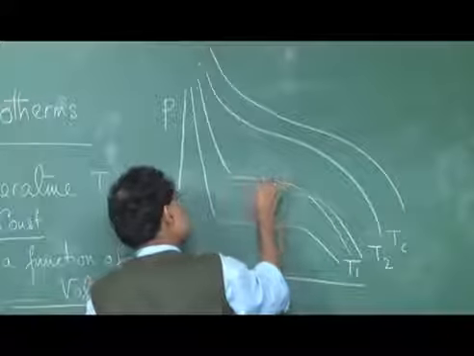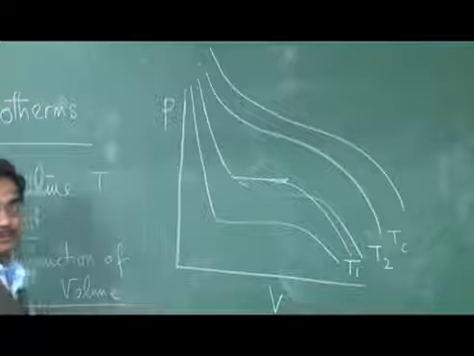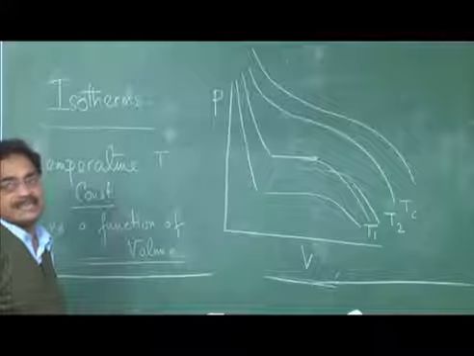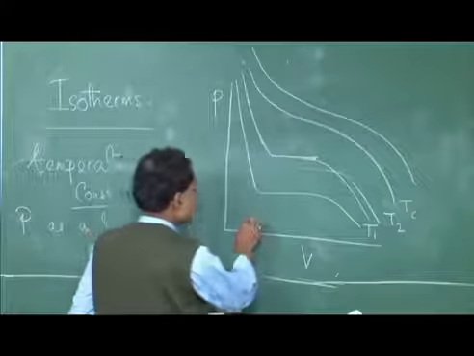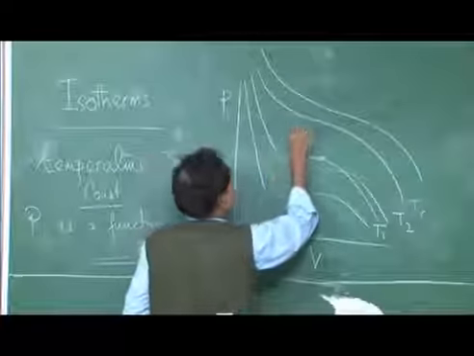You see there is a region which is almost horizontal. This region is called the coexistence region, and I demarcate this region by this dotted curve.